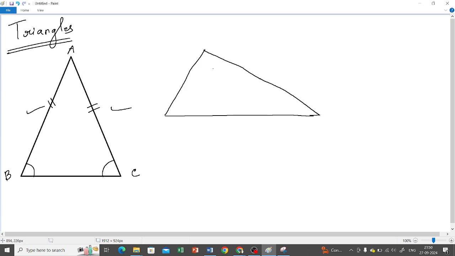First of all, let us understand what a median is. So a median, which joins a vertex, is a line which starts from one vertex and bisects the other side.